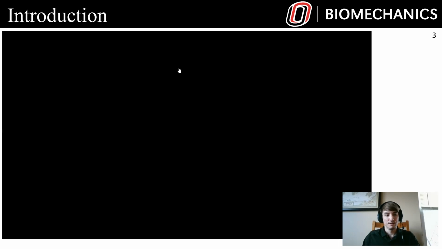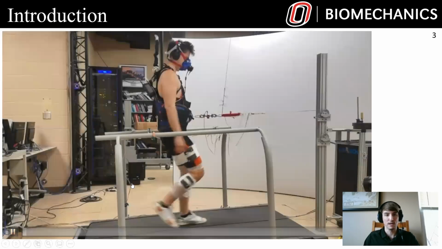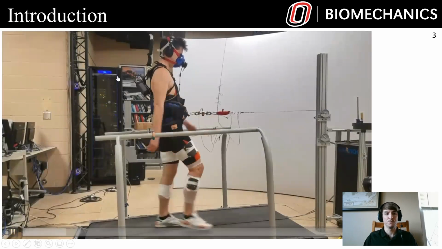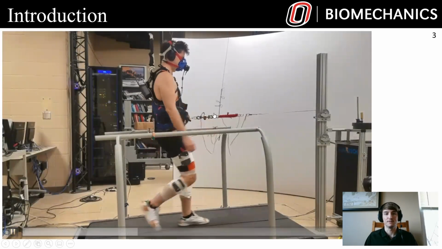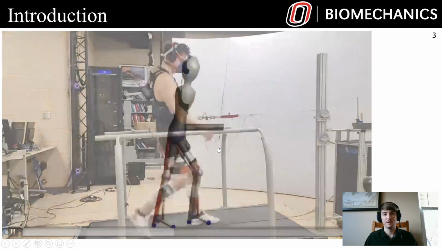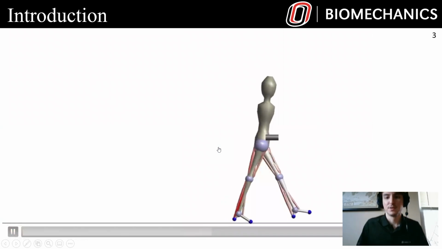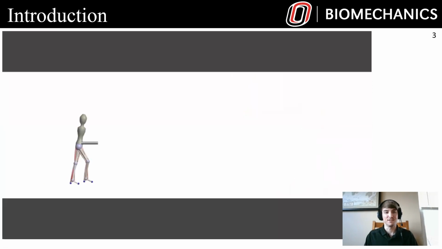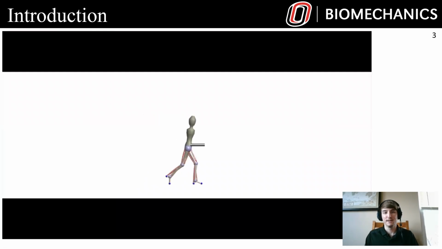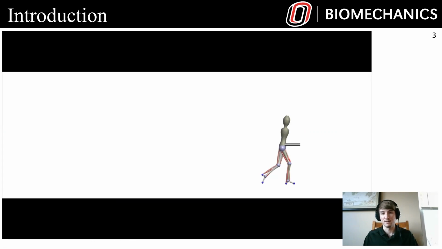Okay, so here we're going to look at our lab's previous work where we were able to show reductions in metabolic rate with assistance at the center of mass. So here we have the lead author on that paper currently under review, Dr. Antonellis, who had received assistance at the center of mass. And here's where we're headed, this neuromuscular model with assistance applied at its center of mass.